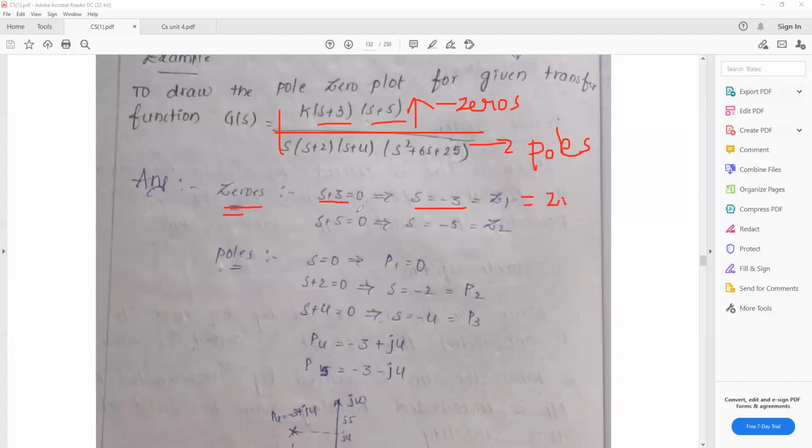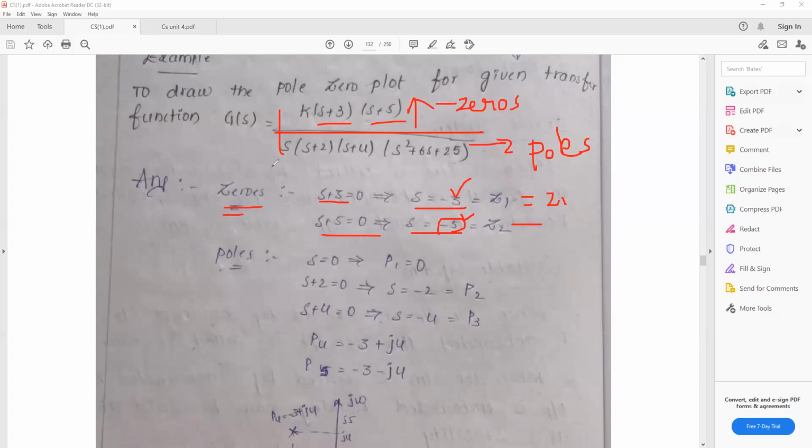S plus 5 is equal to 0, s is equal to minus 5, so z2 is equal to minus 5. So two zeros: first zero minus 3, second zero minus 5.